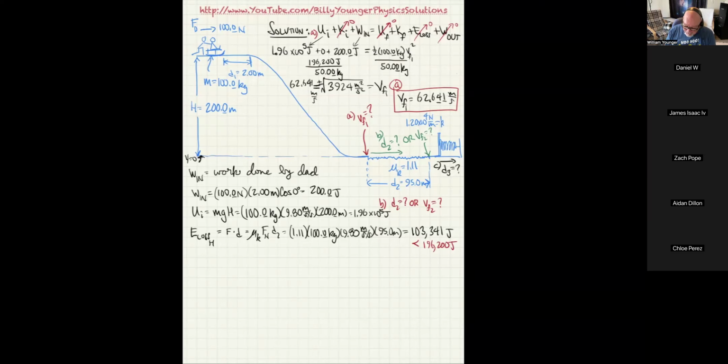So we don't have to calculate D2 as if it were a variable. We have to calculate VF2. So in calculating VF2, we can refer back to the very beginning. We can take that 196,000 plus the 200 joules and make that the left-hand side, because we're taking into account just the initial potential energy plus the work that the father put in.